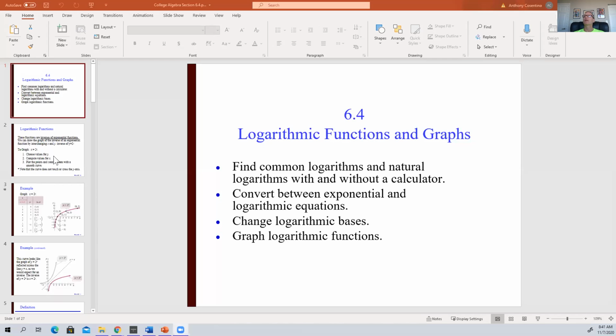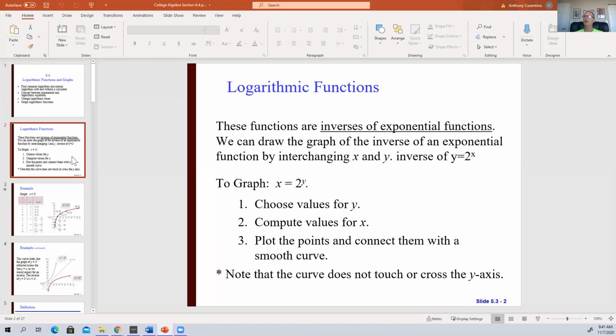So I'm going to do a quick introduction of the graph and where logs actually come from. The concept here is we need to find an inverse of an exponential function. So we have a nice closed form for solving exponential functions.